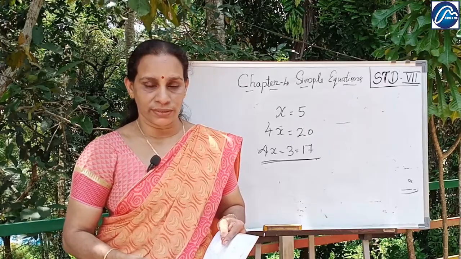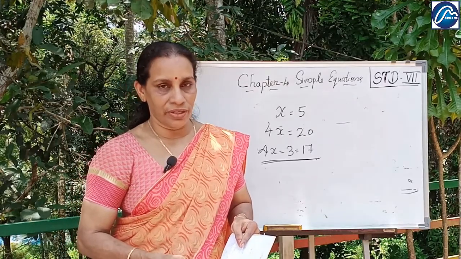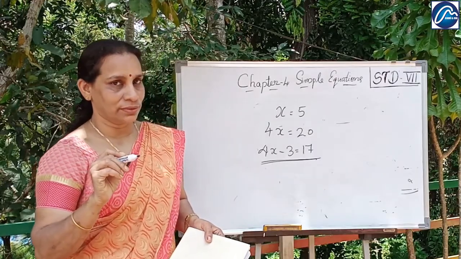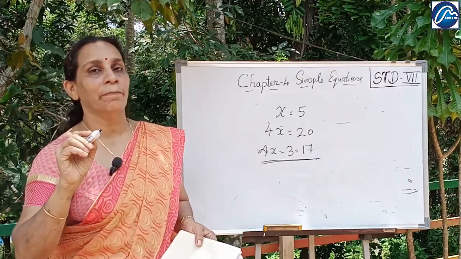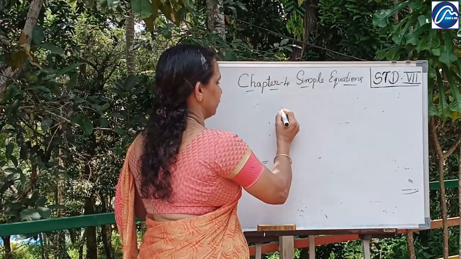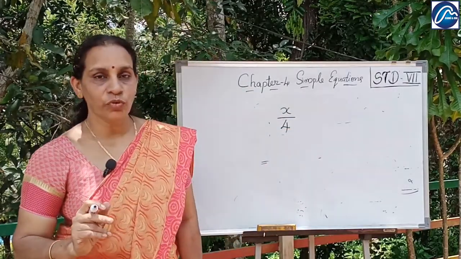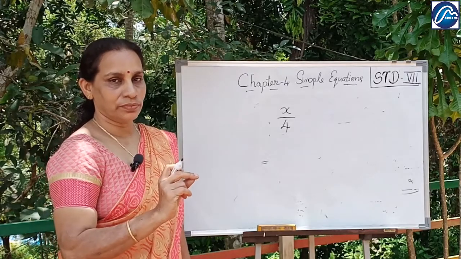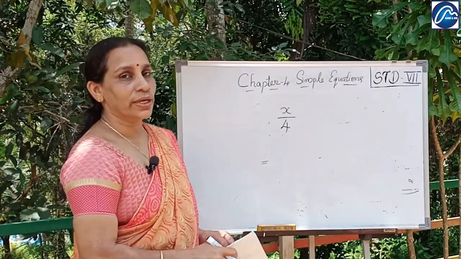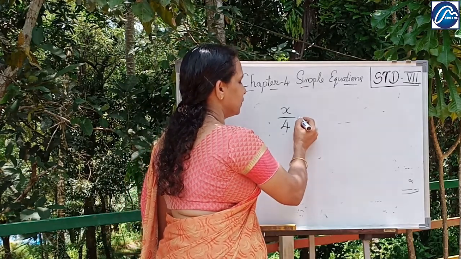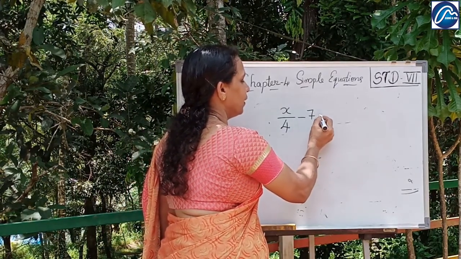1 by 4 x is more than 7 by 3. 1 by 4th of x, x by 4, is more than 7 by 3. That means 7 should be less.